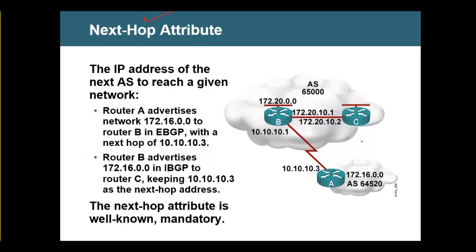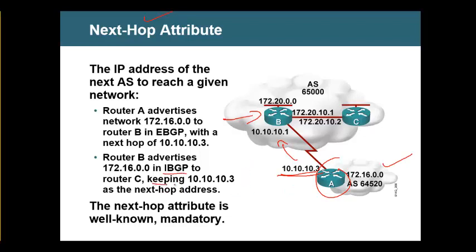Next hop. We learned the next hop behavior. See, router A is advertising this network. B will be learning with the next hop address 10.10.10.3, correct? Because A is advertising, when it advertises, it will put its own address and send. But we learned that IBGP should carry.